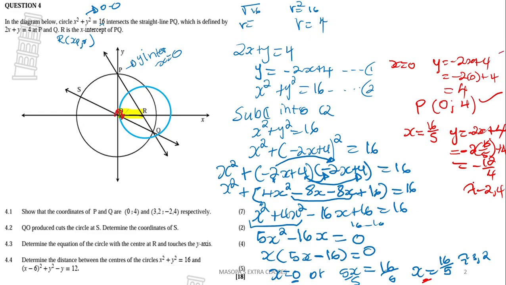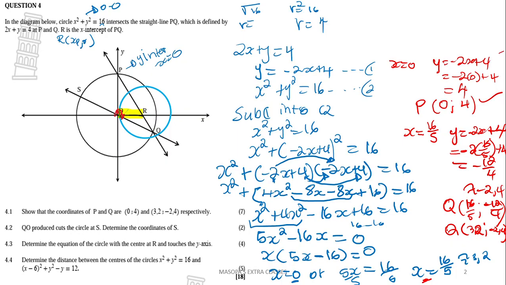So our coordinate for Q, let me write it in brackets, is 16 over 5 comma negative 12 over 5, or we can say your Q will be 3.2 comma negative 2.4.